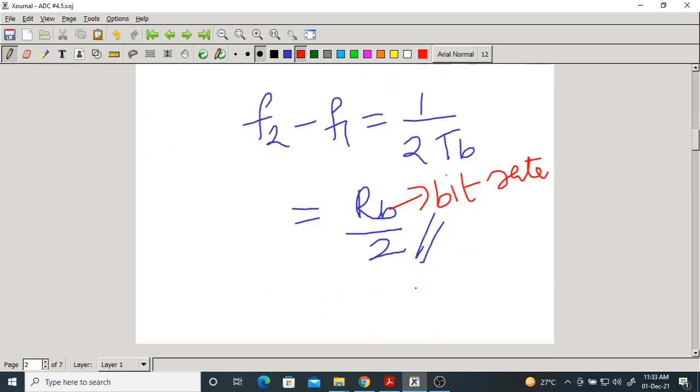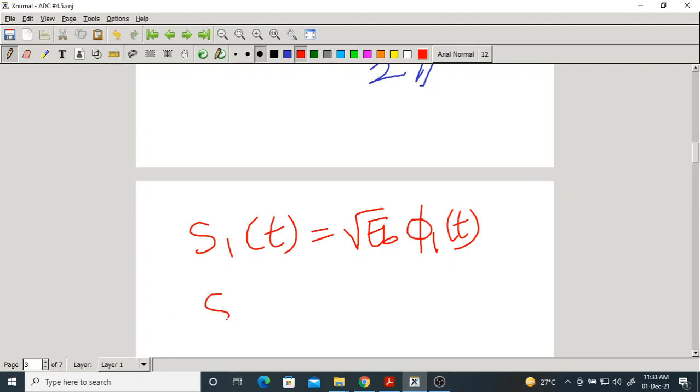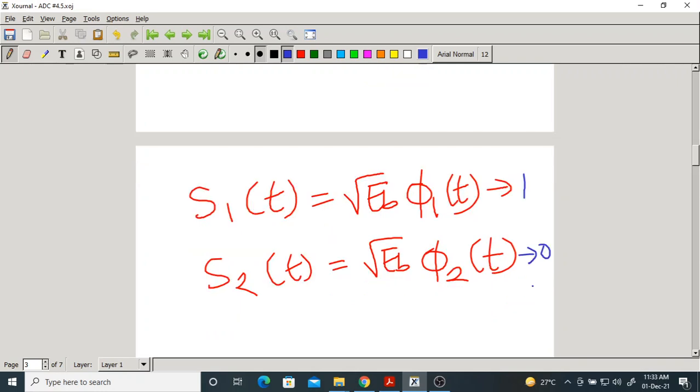You already know how to write S1 of t in terms of basis functions. S1 of t is root EB phi 1 of t. S2 of t is root EB phi 2 of t. This is the final expression for the waveforms for symbol 0.